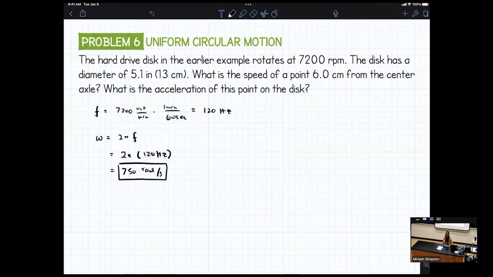Okay, anybody need more time to think about this? This one's some nice plug and chug sort of questions. Always fun in physics. Okay, how do we calculate speed?